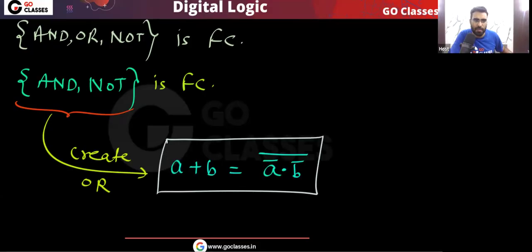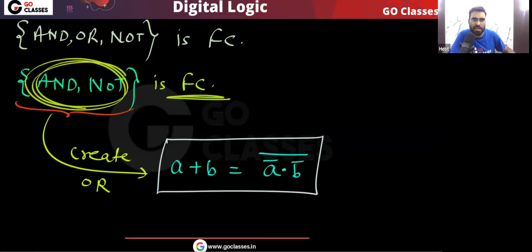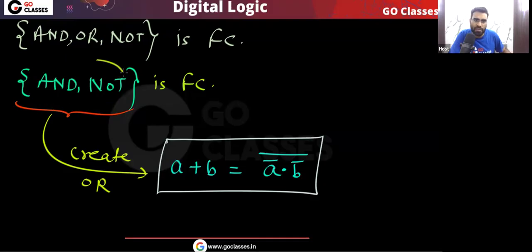Remember, we already know that these three operations are functionally complete. Now I am saying that we don't need OR. Using these two, AND, NOT, I can create OR. So this set is functionally complete, means any Boolean function can be expressed only using these operations.